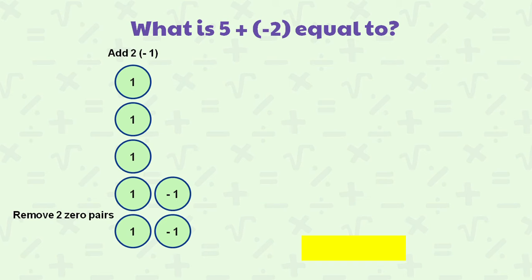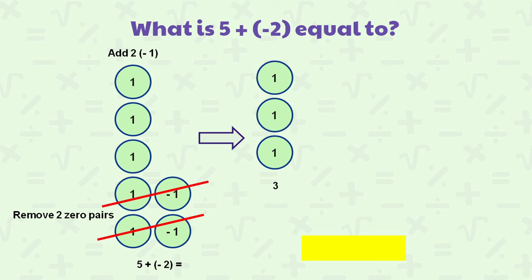Remember that negative 1 plus 1 is equal to 0. You need to remove 2 zero pairs. 5 plus negative 2 equals 3. So 5 plus negative 2 is equal to 3.